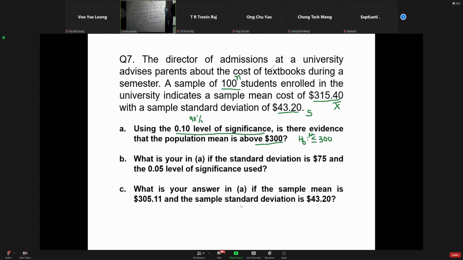I clear and write again. So you can say the null is population mean is less than or equal to 300.